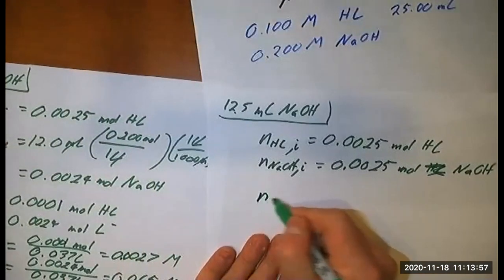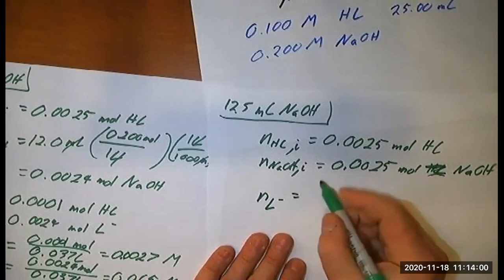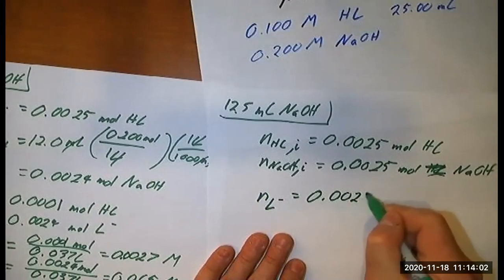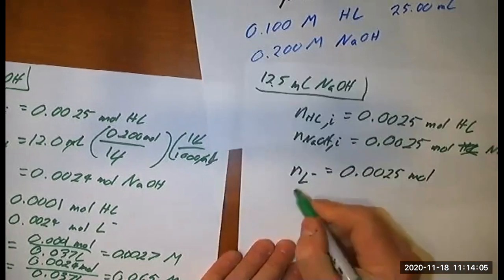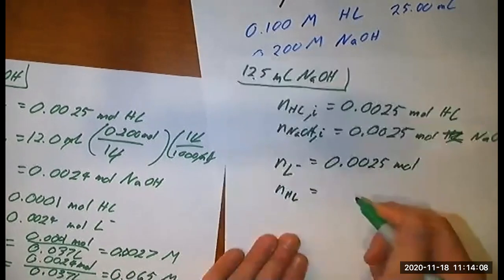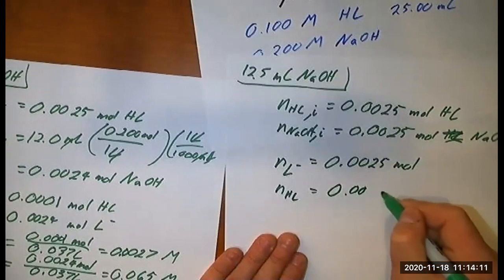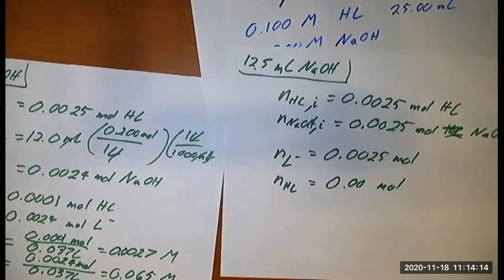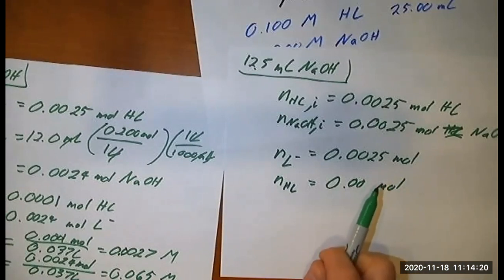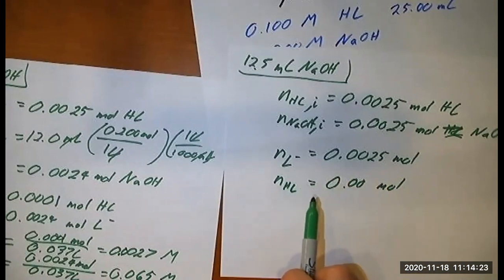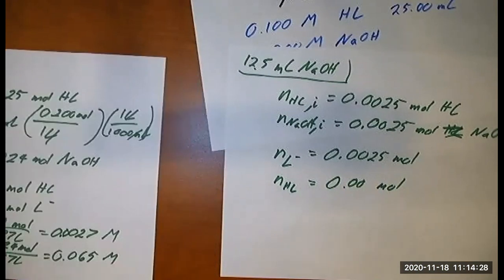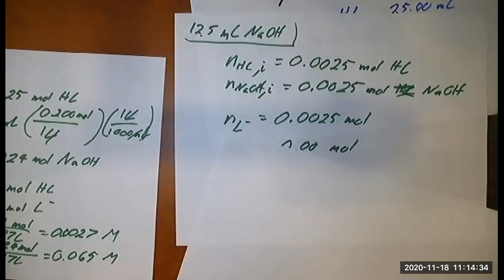So our number of moles of L minus is going to be 0.0025. And our number of moles of HL is going to be 0. So this situation now is one where we have the conjugate base, but we aren't starting with any of the conjugate of the acid that we started with. And so because of that, we now have to deal with the conjugate base's base reaction rather than the acid reaction we were dealing with before.